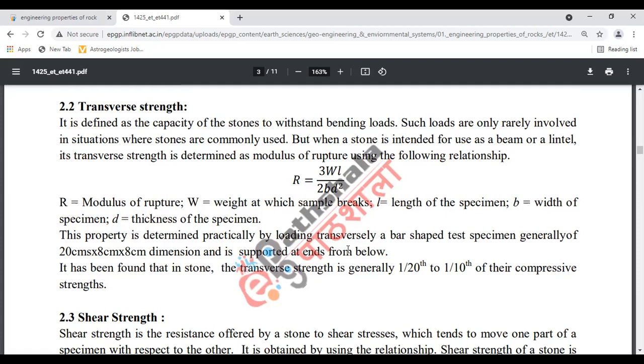This property is determined practically by loading transversely a bar-shaped test specimen. Generally, the specimen is of 20 cm by 8 cm by 8 cm dimension, and is supported at the ends from below.